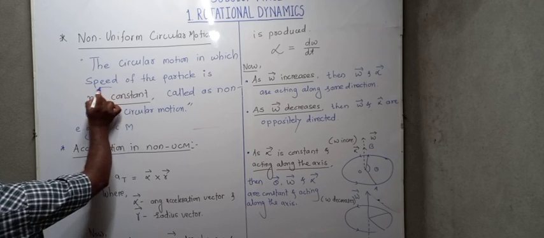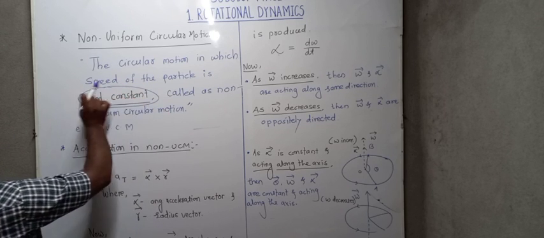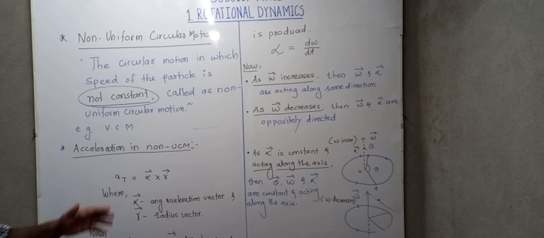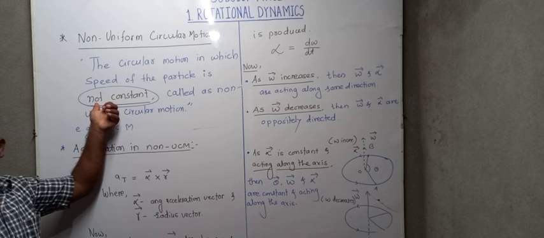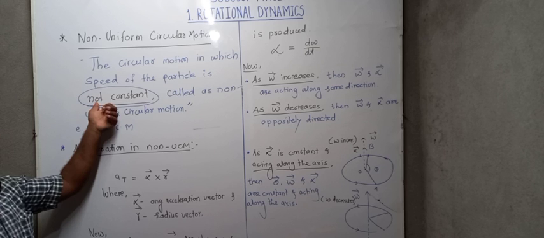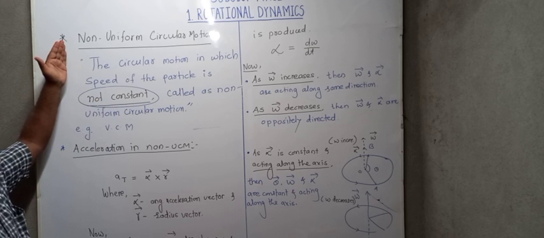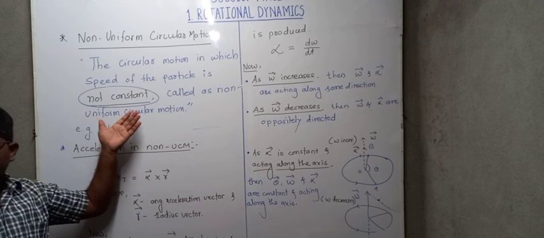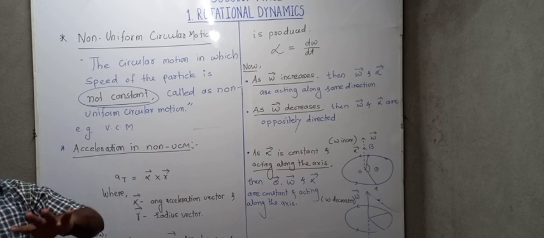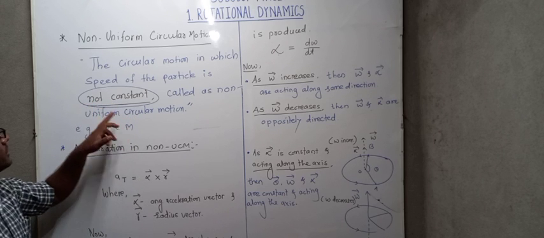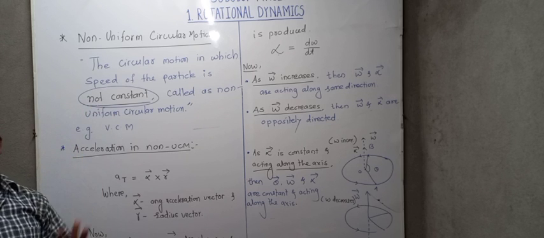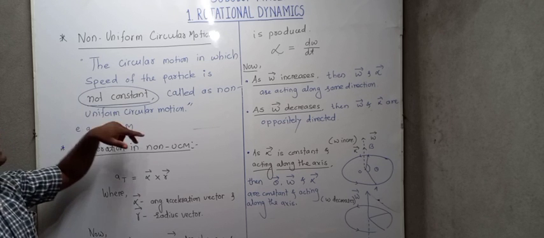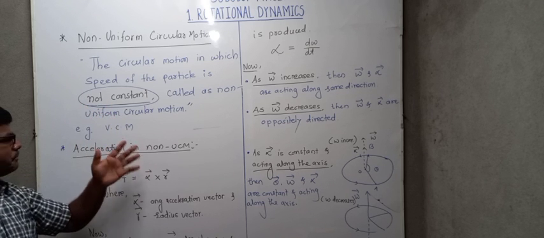The definition of uniform circular motion and the definition of non-uniform circular motion are quite the same, but there is a difference of a few words, and this is 'not constant'. In UCM the speed of the particle is constant, while in non-UCM the speed of the particle is not constant.